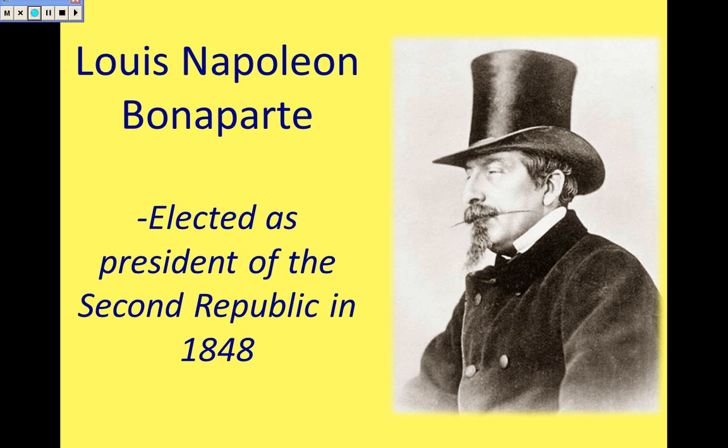They get a new form of government completely, a republic, where you elect your officials. He is elected as president. He's got the name because his uncle's name was very celebrated throughout France still. Not so much the rest of Europe, but throughout France. So now you've got Louis Napoleon Bonaparte, president of France.